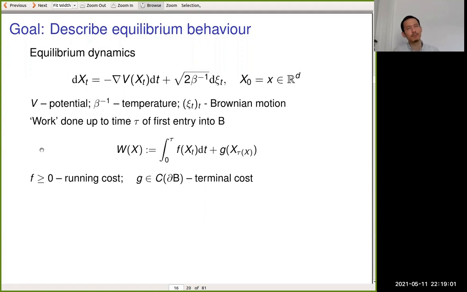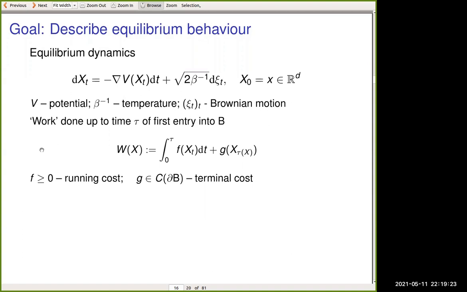It's whatever you want. It'll typically have some kind of growth to infinity as you go further out. It won't be convex because otherwise it would not be very interesting. But for this presentation, I'm not going to go into any details about the potential. This is at a rather abstract level. Thank you. Okay, you're welcome.